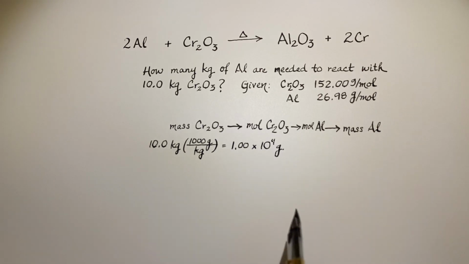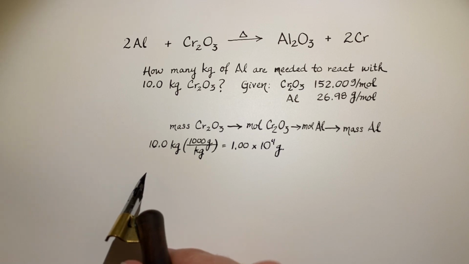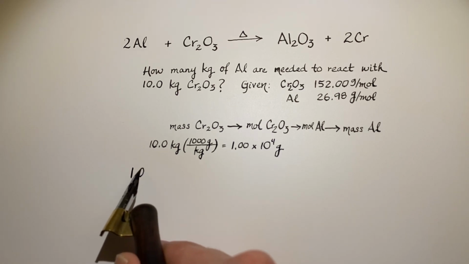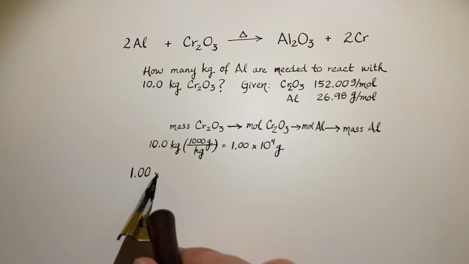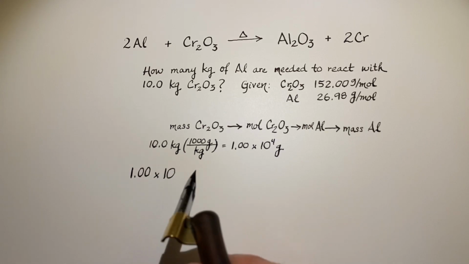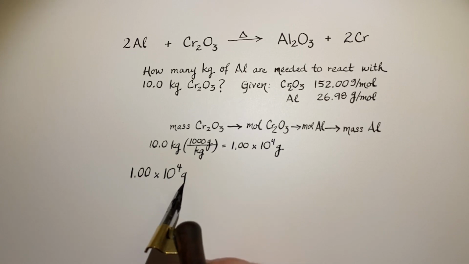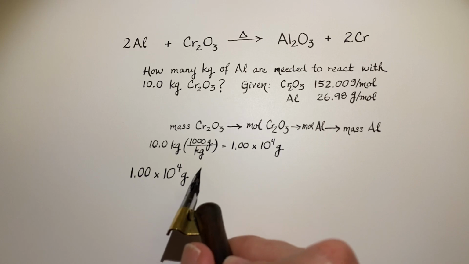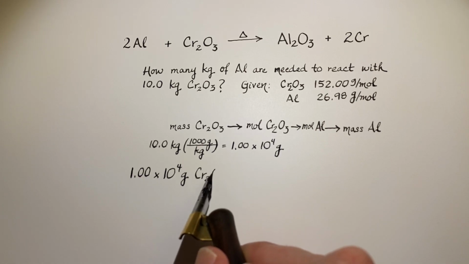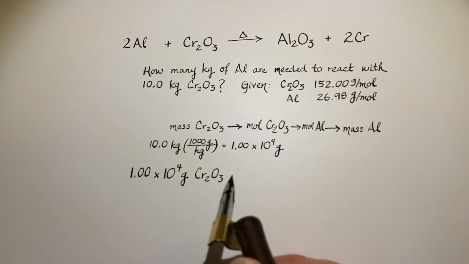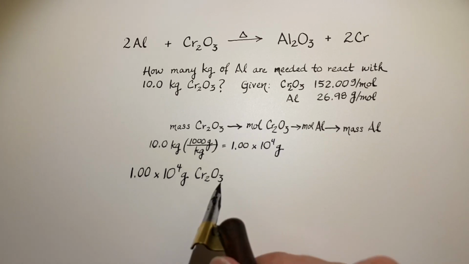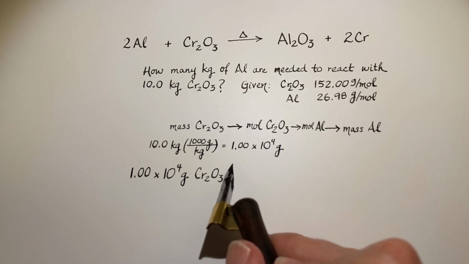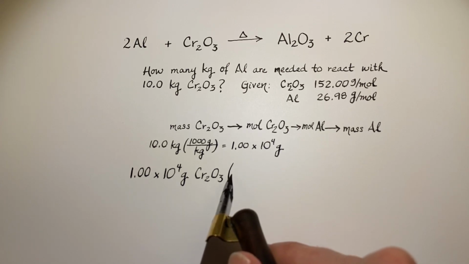So that gives us a starting point to carry out our full calculation. Okay, so here we are. It's 10 to the 4th grams of chromium 3 oxide. And now we need to convert to moles. Remember that? When in doubt, calculate moles, right?